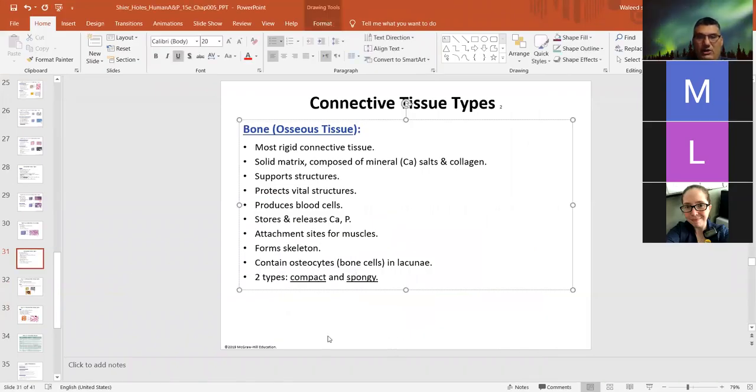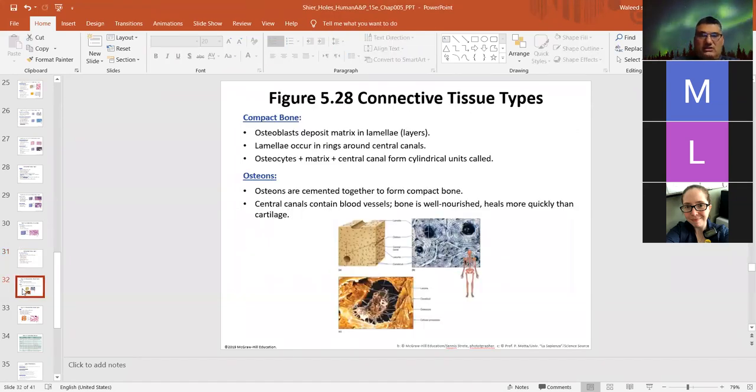What's the bottom line? Compact means it does not have cavities, it is outside, and the building unit is the osteon. The spongy looks like a sponge, it is more inside, and looks like a sponge means it has cavities. The building unit is trabeculae. Extremely important. When I focus on something, these are the basics you have to know.